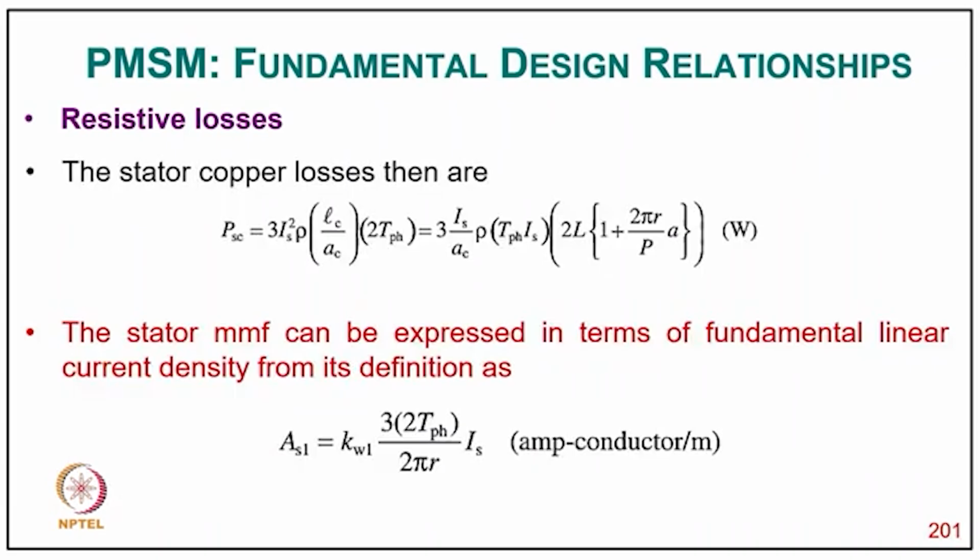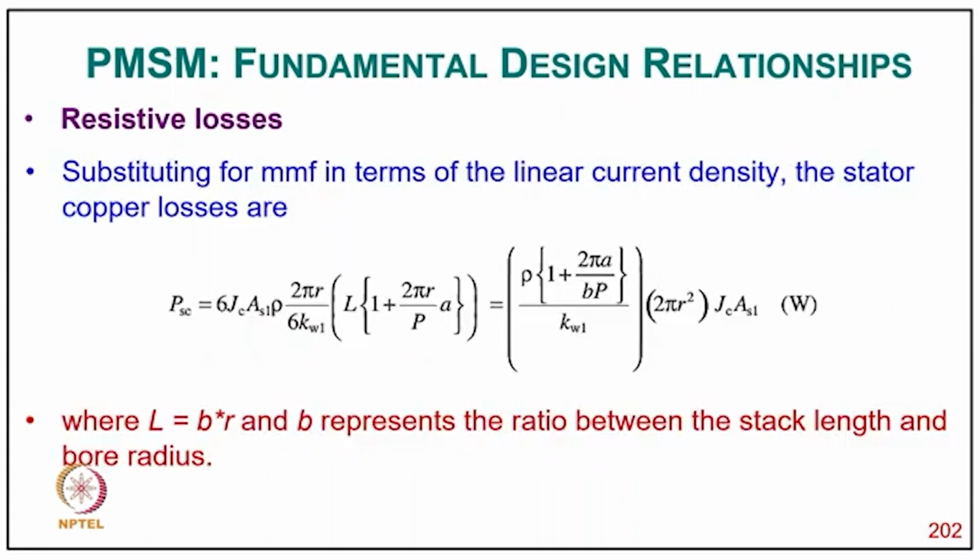So, the stator copper losses then are PS equal to 3 IS square rho LC upon AC into 2 TPH equal to 3 IS upon AC rho TPH IS into in bracket 2L into bracket 1 plus 2 pi R upon P into A in watts, and the stator MMF can be expressed in terms of fundamental linear current density, and its definition as AS1 equal to KW1 3 into 2 TPH upon 2 pi R into IS ampere conductor per meter.